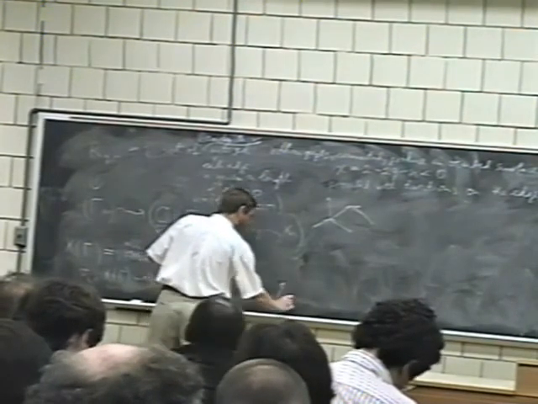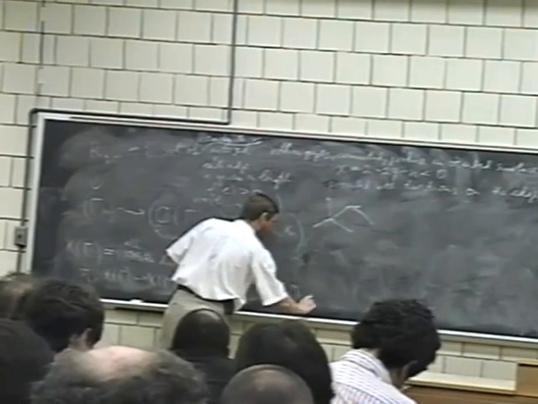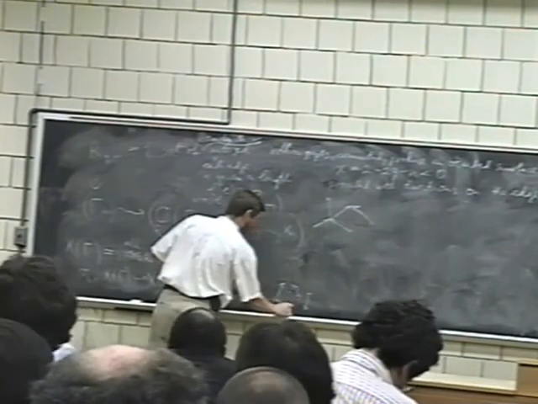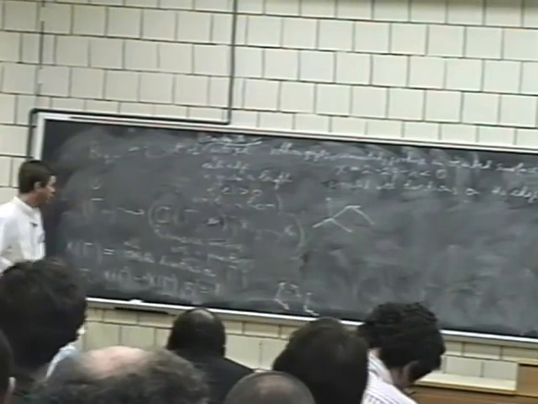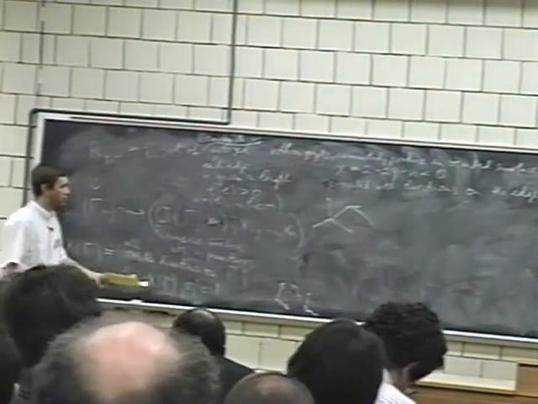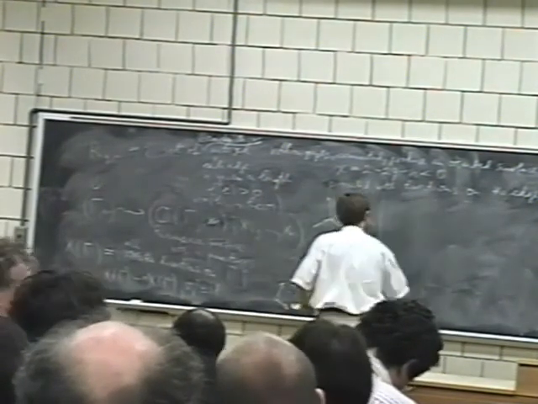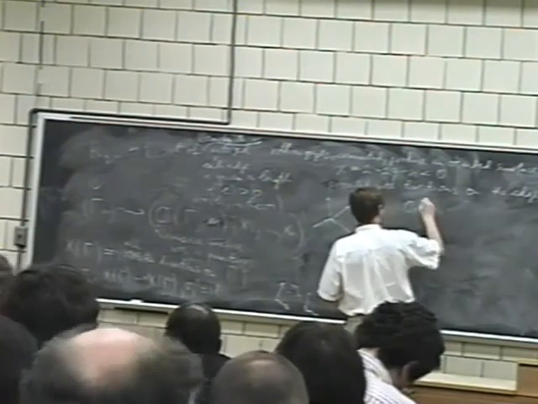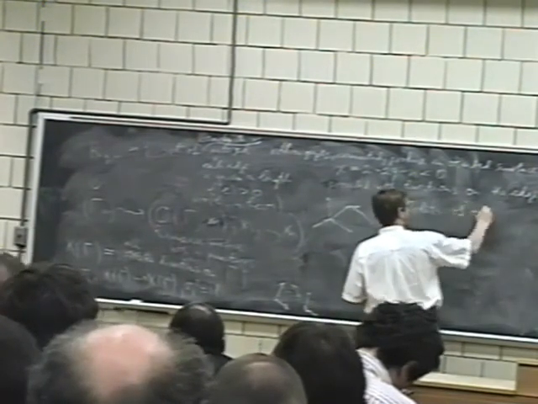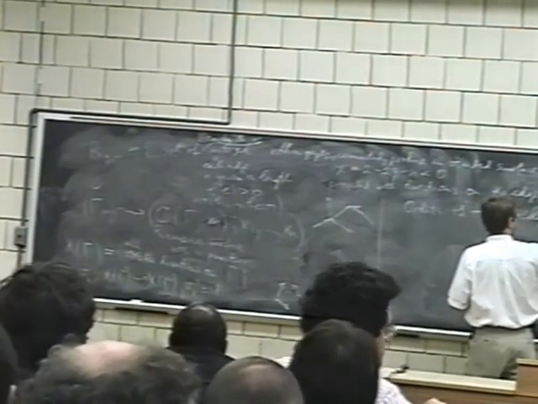For each arrow, sigma 1 will change it to the opposite arrow. Now, the orbits of this involution are obviously the edges. You can identify the set of orbits of sigma 1 with the set of edges of the graph.